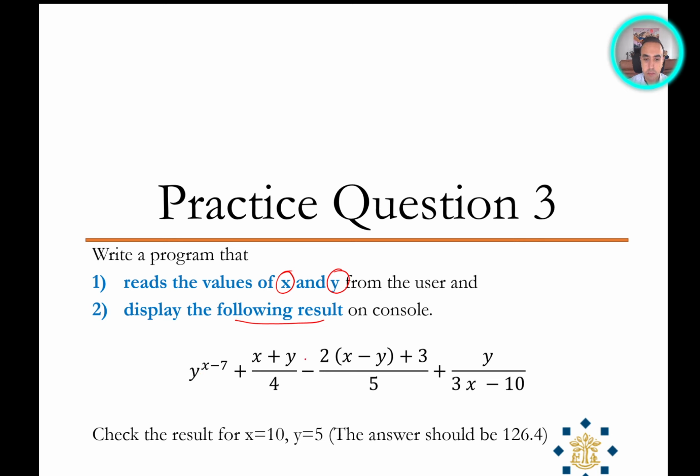So there is some stuff going on here. So make sure that your parentheses are in line, because if you miss a parenthesis, the answer will be wrong. So after doing this, just to double check whether you did it right, for the values of x equals 10 and y equals 5, the answer should be 1 to 6.4.